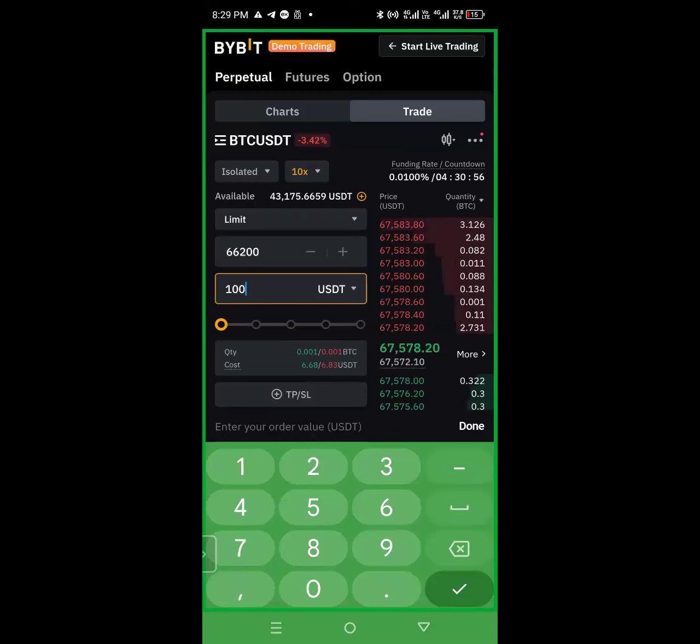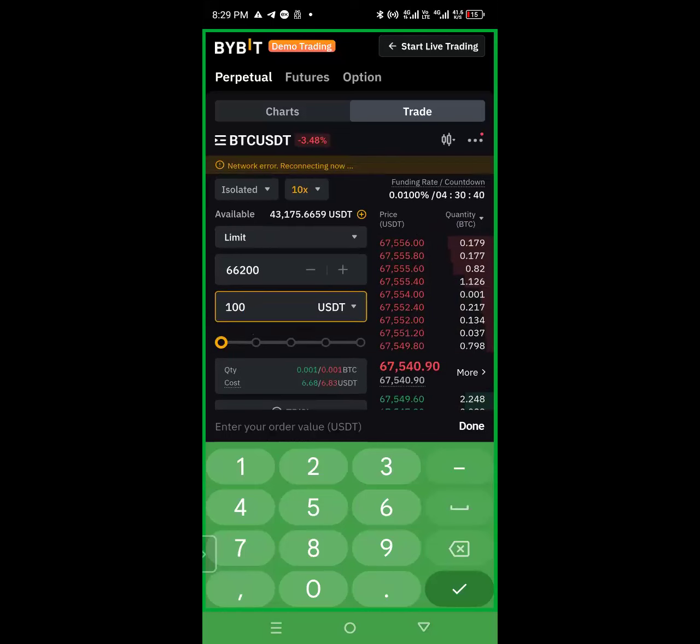You put that first. Then you check your cost. Cost is below the order price section. Like my current cost there is showing 6.68. Can you also see that? 6.68.